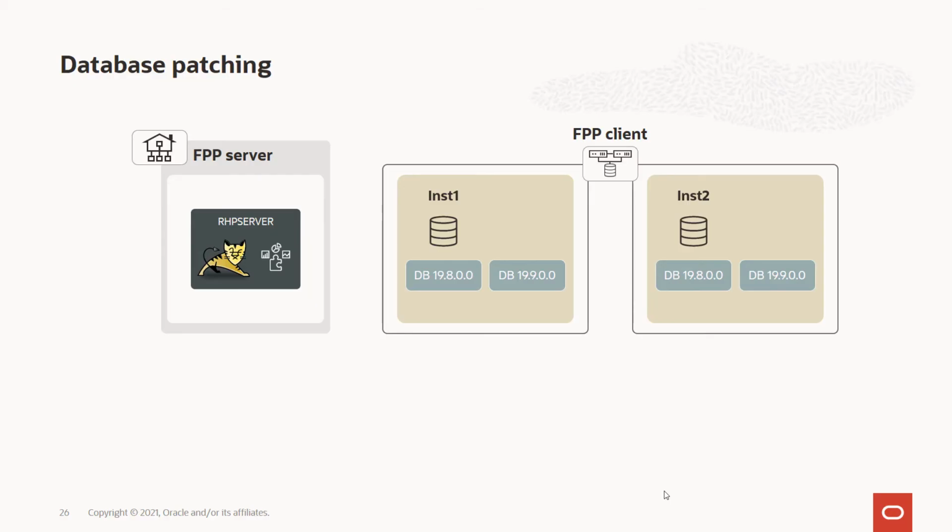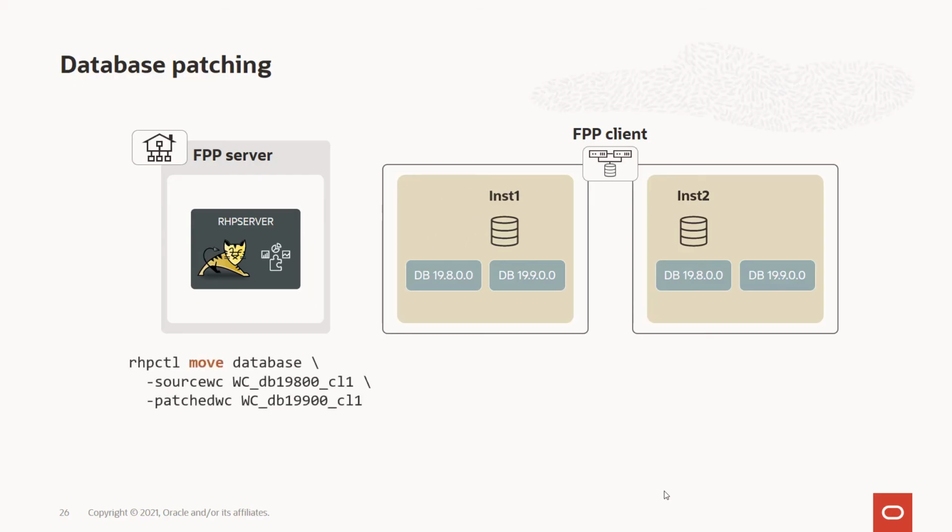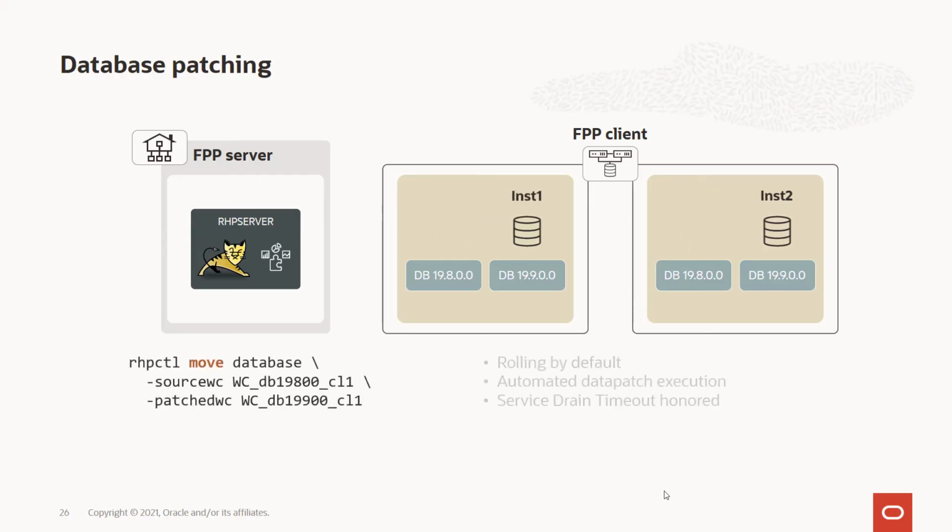And for the patching, we use RHPCTL move database. So again, first we need to provision the new working copy, the patched one, in the version that we want to move the database to. And then again, the FPP server will move the instances.